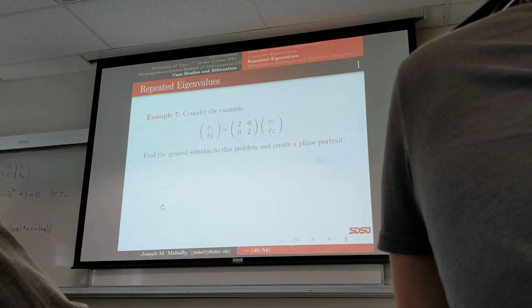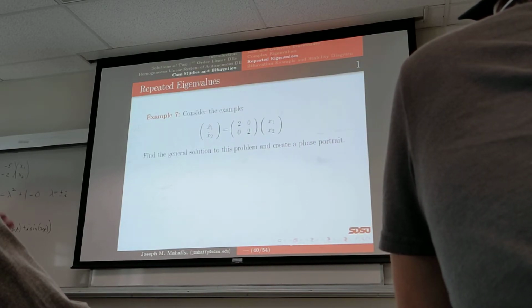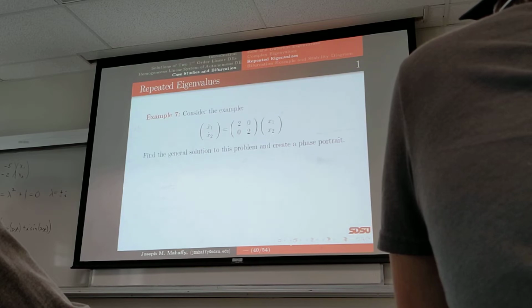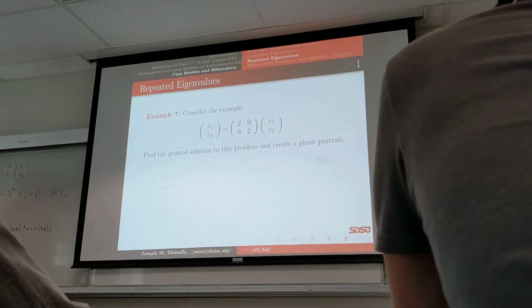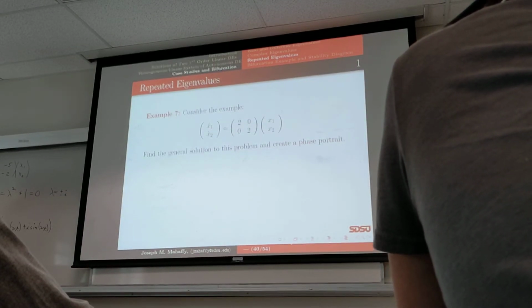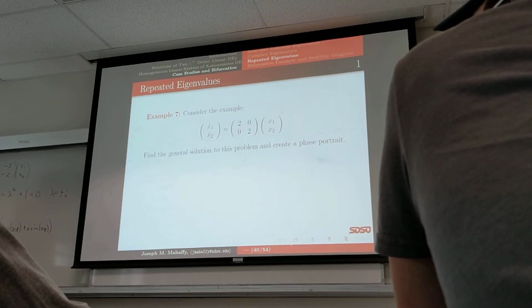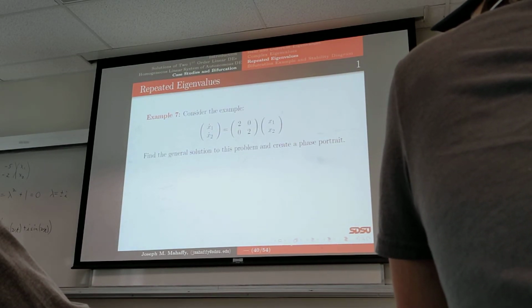So next time we will get into the repeated eigenvalues. By the way, looking at that one, can anybody tell me what the eigenvalues are? It's 2. It's 2. And look what happens if you take A minus lambda I. What do you get? You get the 0 matrix. All right? So that tells you that for that eigenvalue 2, you have 2 linearly independent solutions, right? Because that's the 0 matrix, you can take anything.